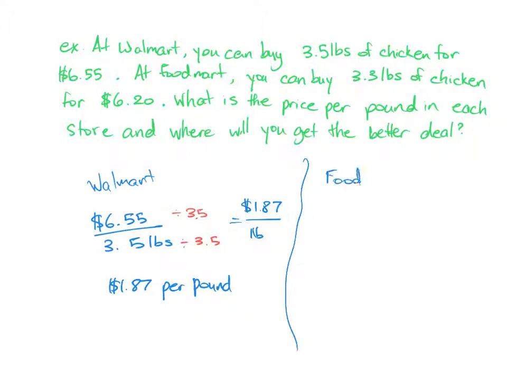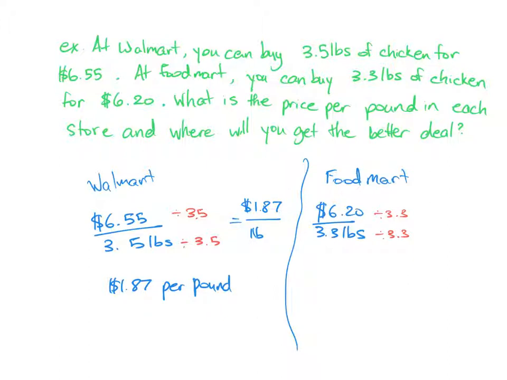Now we can go ahead and do the same thing for Food Mart. All right, so here we have Food Mart on this side, and the cost at Food Mart is $6.20 for 3.3 pounds. So now we can go ahead and divide the numerator and the denominator by 3.3. And again, that's because we have 3.3 right here in the denominator.